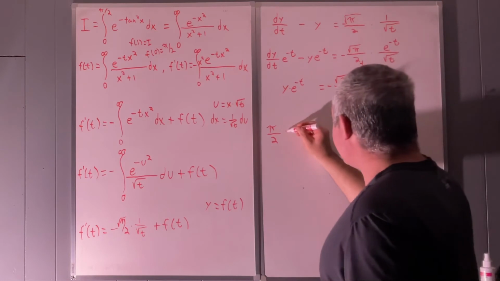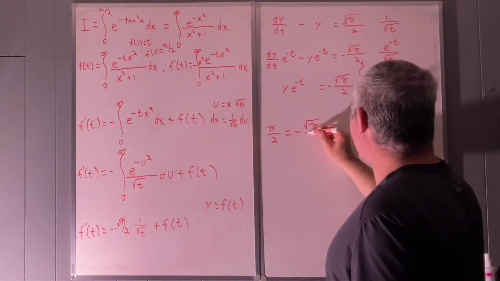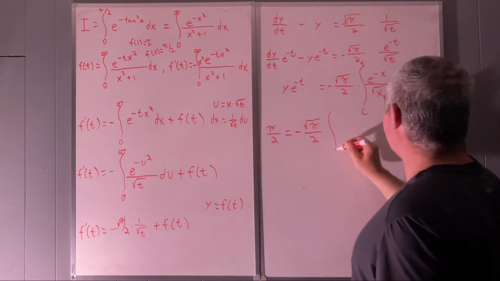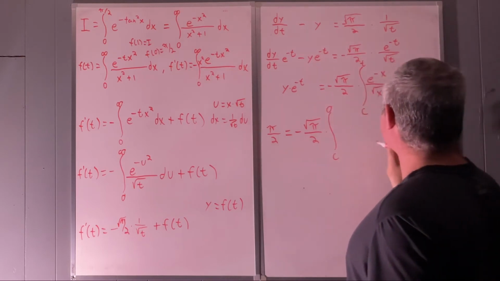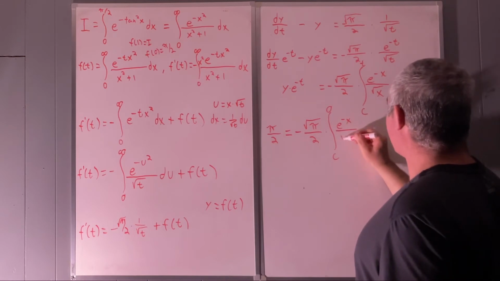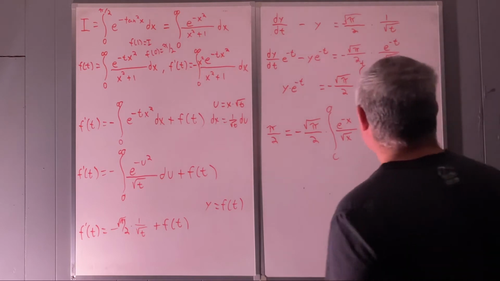And that would be equal to negative square root of pi over 2 times the integral from c to 0 of e to the negative x over square root of x dx.